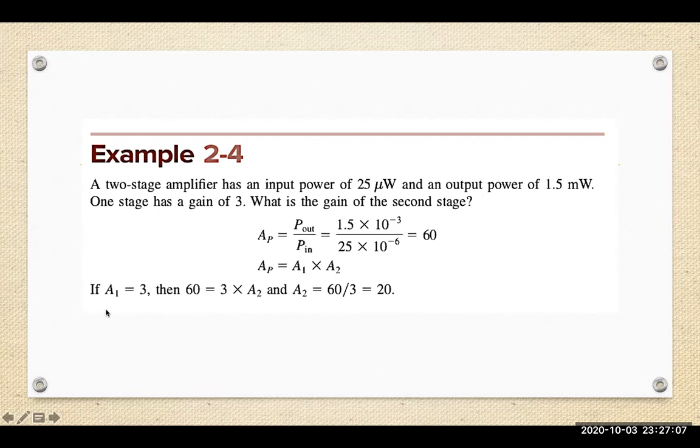So we use this formula. We are given 60, and we are given also the first stage gain. So we divide the power gain by the first stage gain. So this is now the result. 60 divided by 3 is the gain of the second stage, which is equal to 20.